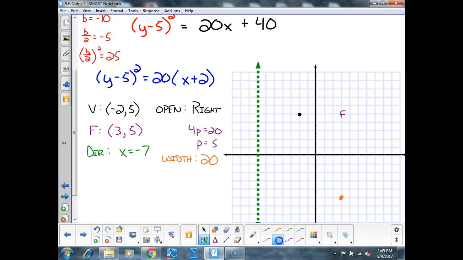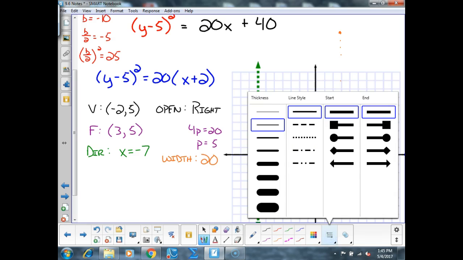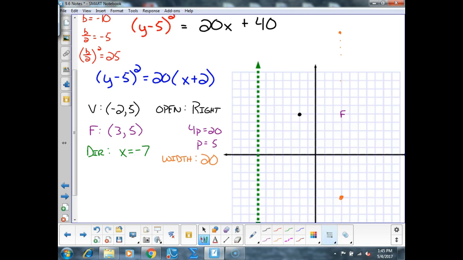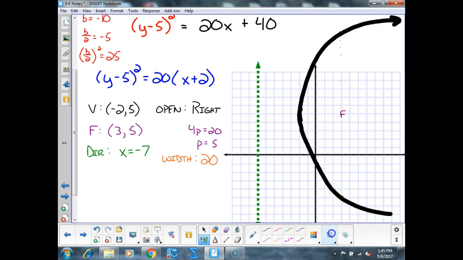So there's 10 down through the focus. 2, 3, 4, 5, 6, 7, 8, 9, 10 up through the focus. One more thing. Axis of symmetry.